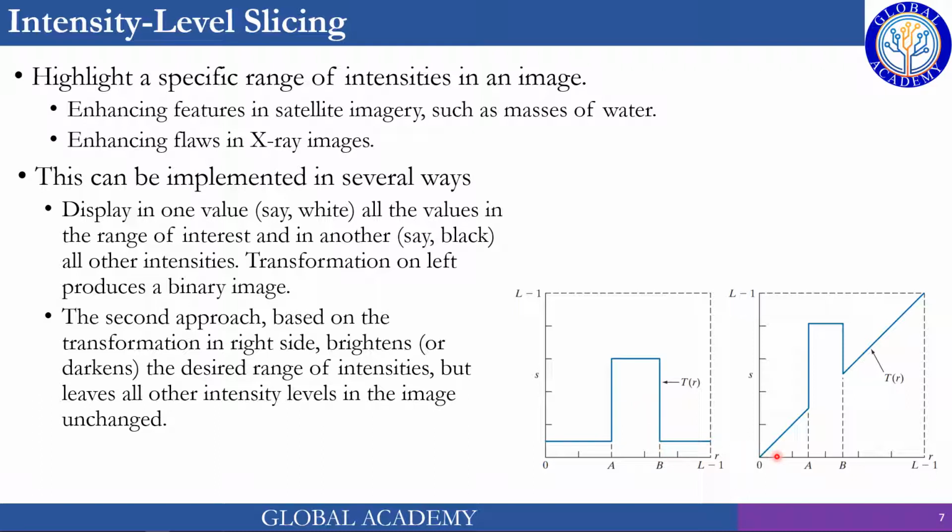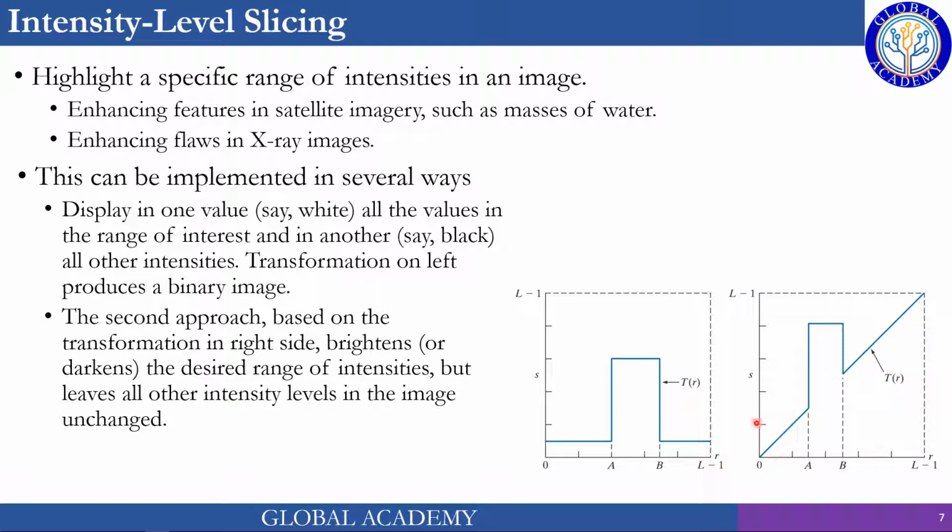And then there is another way, like assigning a fixed range of gray levels from A to B to a certain value, say 255, which is white color, and leaving all the other intensity levels in the image unchanged, which is represented by a straight line.